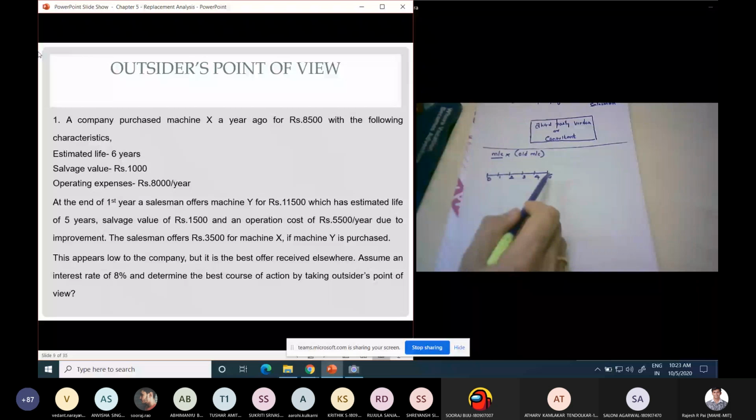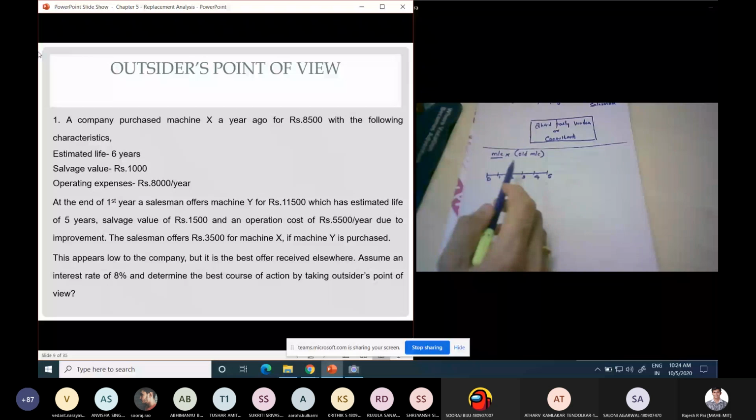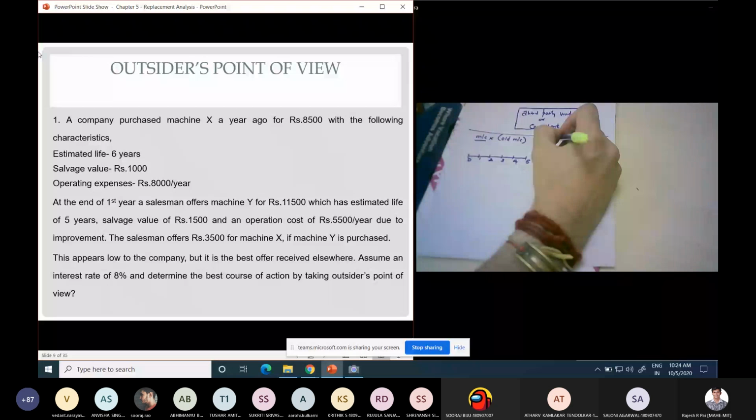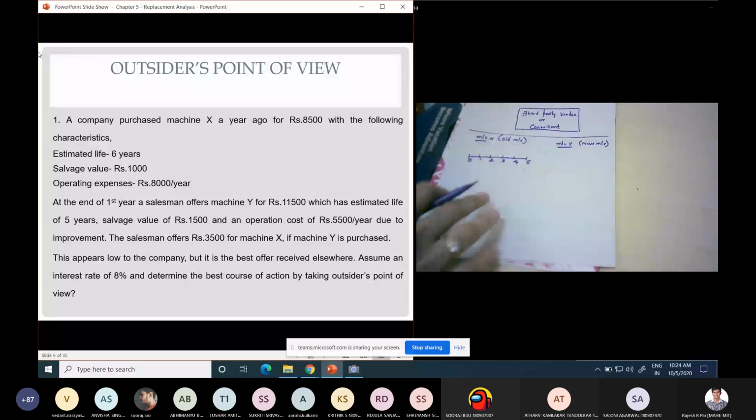Whereas machine Y is a new machine. Since it is a new machine and has not been used for any years, all the economic factors are quite direct.